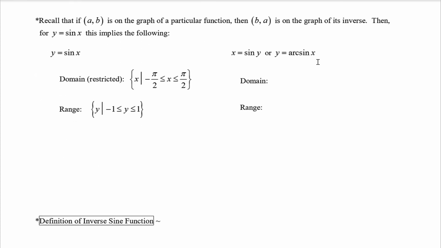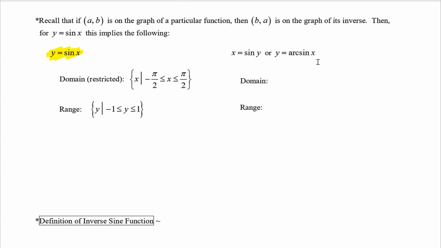Okay, so going in the Wayback Machine, recall that any coordinate, any ordered pair, any abscissa and ordinate on the graph of a particular function, if you just reverse those positions, so B is now the abscissa and A is now the ordinate, then that is going to be an ordered pair on the graph of its inverse. So if we apply that to our sine function, so here's our sine function.